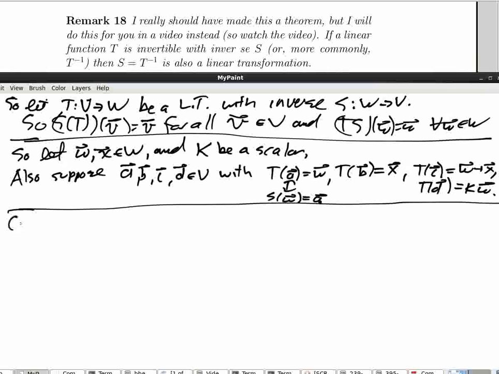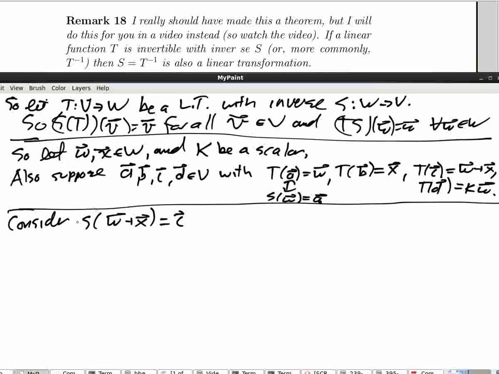So I'm going to consider S of W plus X. And I'm going to want to show that this is equal to S of W plus S of X. And I know that this is equal to C by this definition right here. So what do I know?